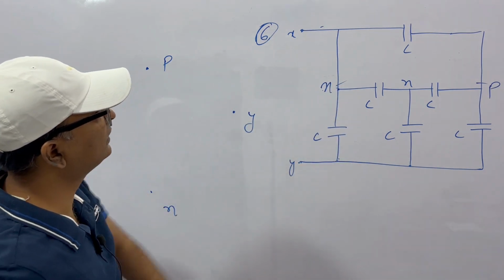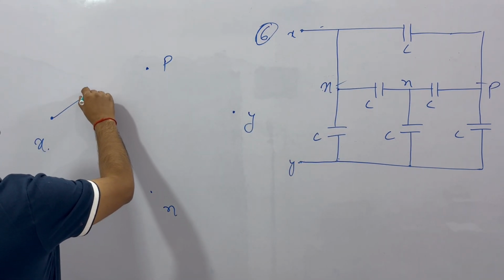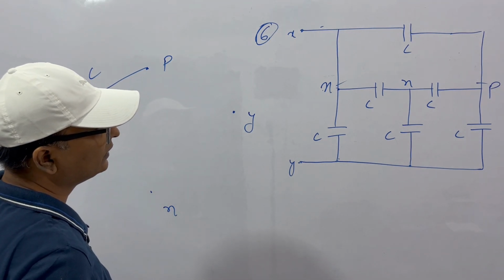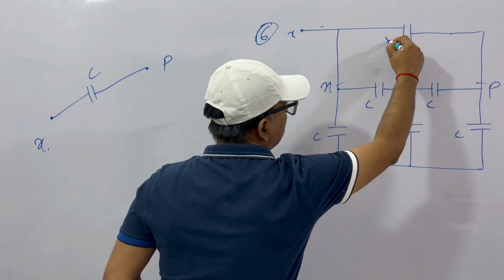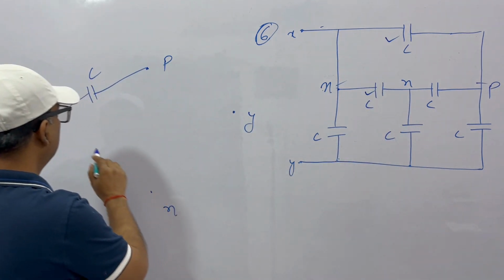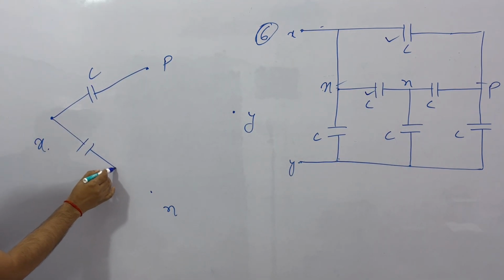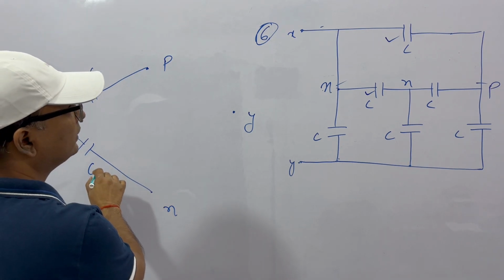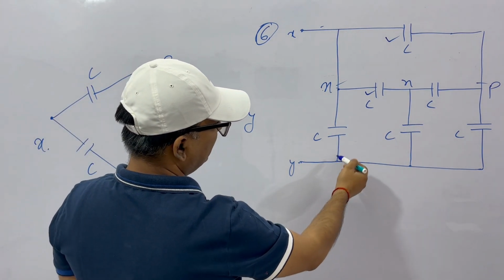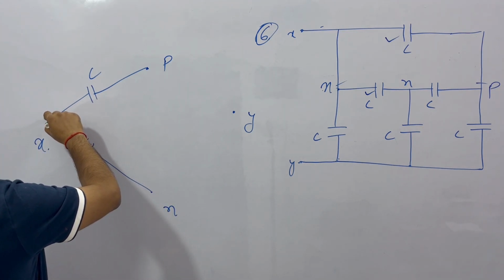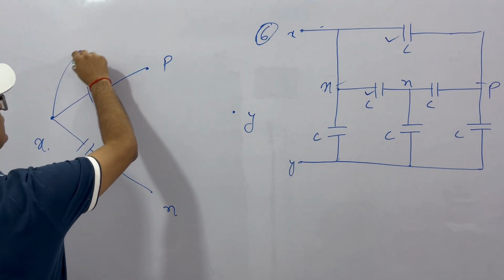First is between X and P, so this is our capacitor C. Then between X and N, we have used this C. Then X and N, here we have X. Okay, C. Then between X and Y, that is directly putting it like this, let's say.